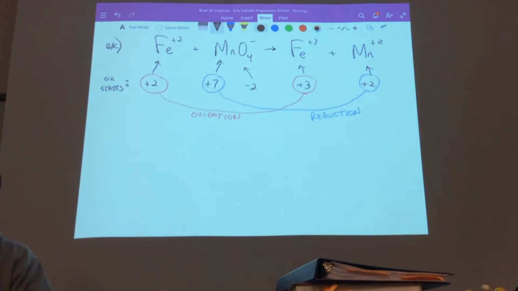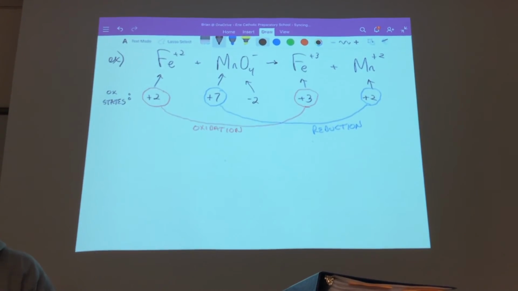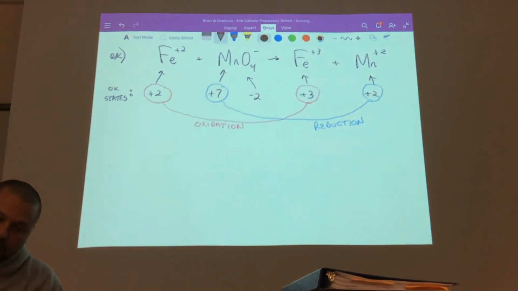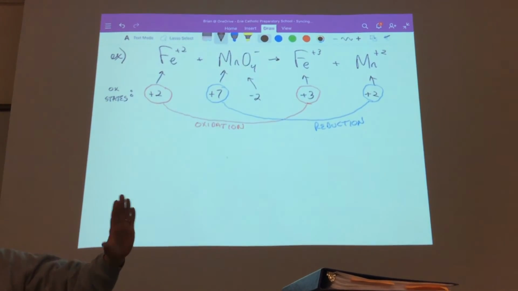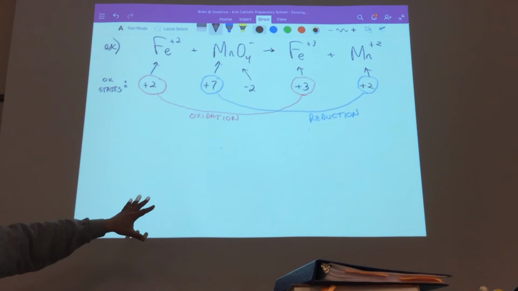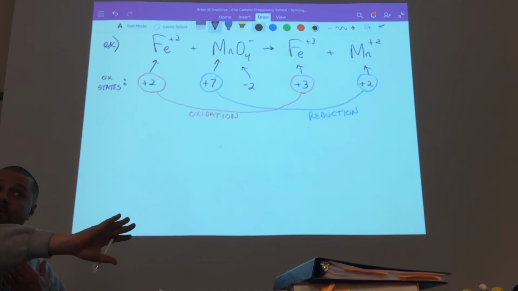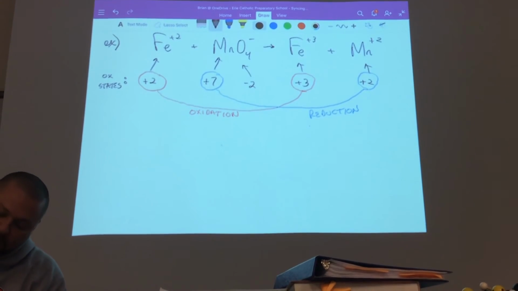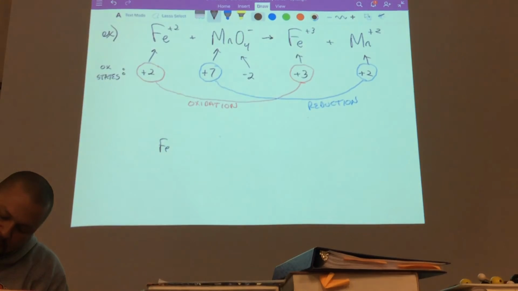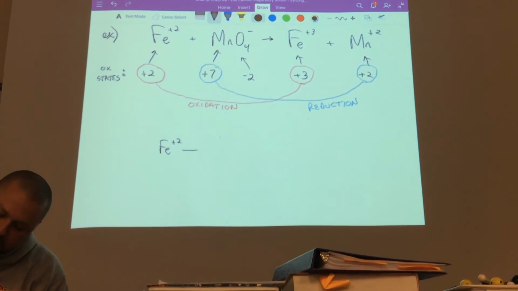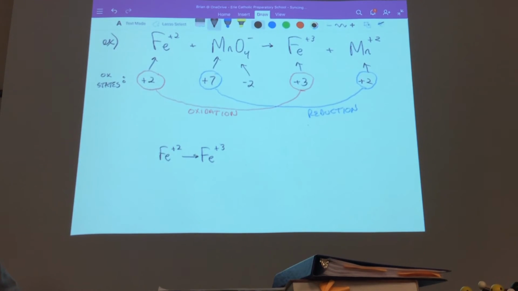So now I'm going to split these into two half reactions. I like to do my oxidation first. It's just the nature of habit. I'm going to start a little bit in from the left side of the paper, so I might have stuff to write to the left, but I want to save room on the right of this equation because I might have to add things to the right of that half reaction. So my first half reaction goes like this: Fe2+ going to Fe3+.